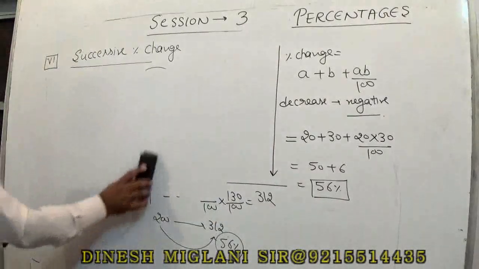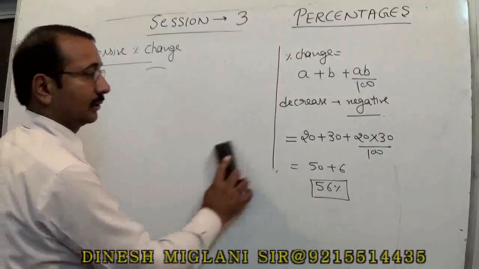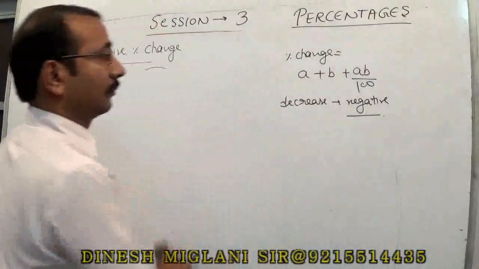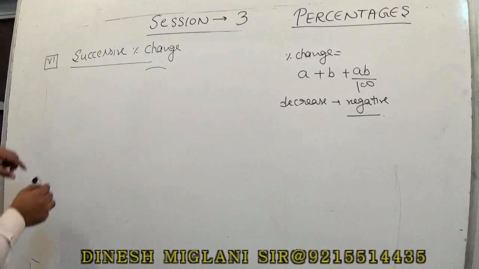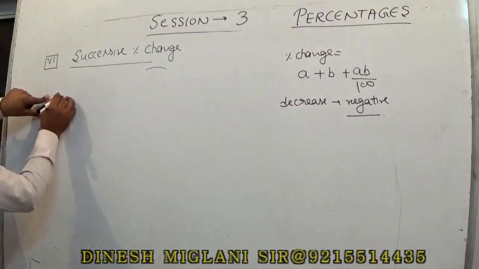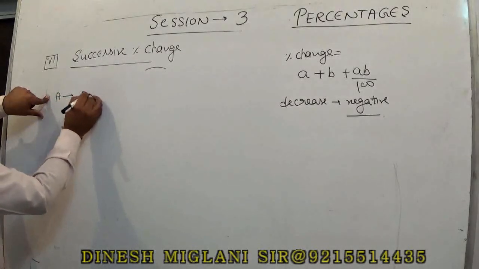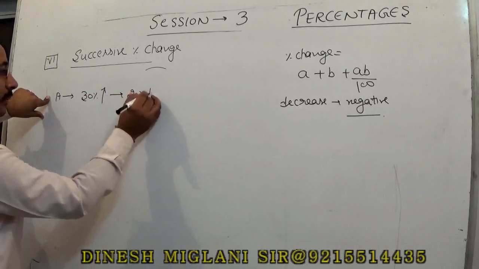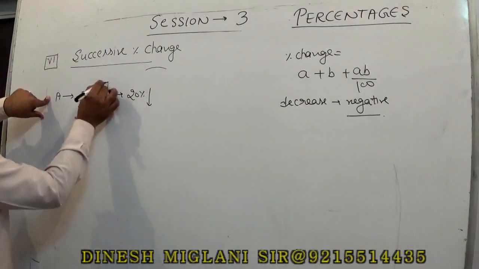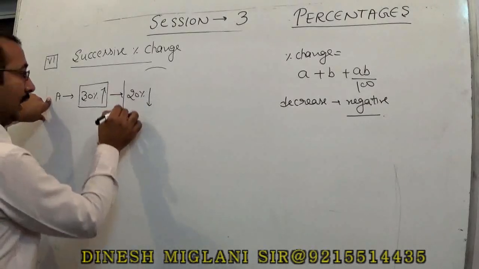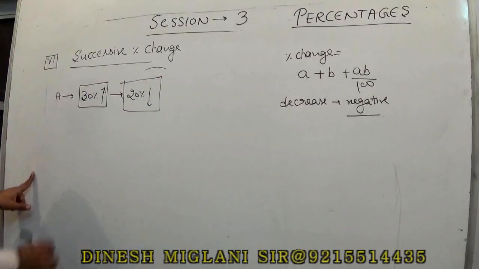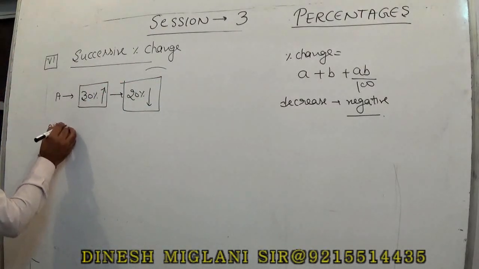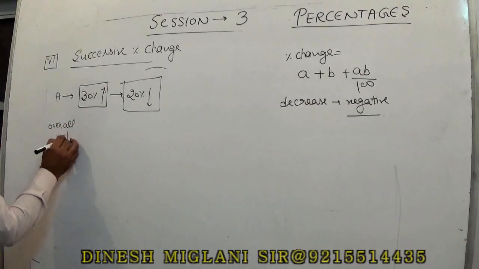We will try to understand this concept with some more examples. Suppose there is a number A. First it has to be increased by 30%, then decreased by 20%. The up arrow symbol is increase and the down arrow symbol is decrease. So you have to find out what is the overall percentage change.